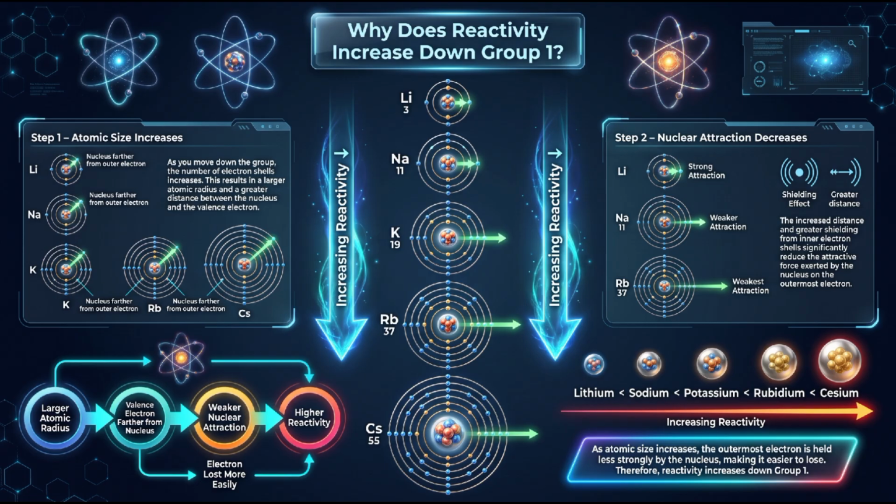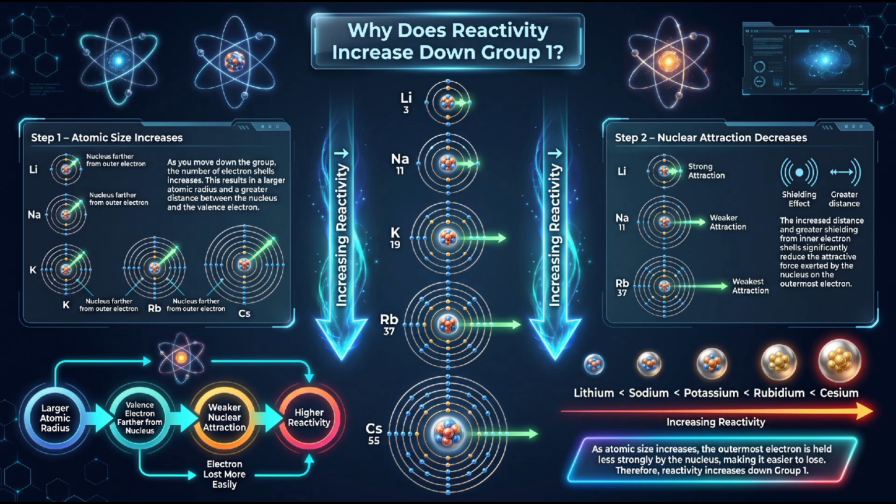The second step shown in the image explains another important factor called the shielding effect. Between the nucleus and the outermost electron are several inner electron shells. These inner electrons repel the outermost electron and also partially block the positive charge of the nucleus. This means the outermost electron does not experience the full attractive force of the nucleus.